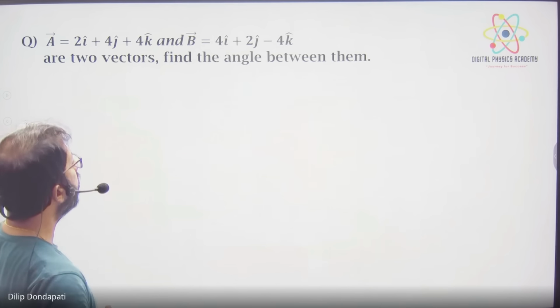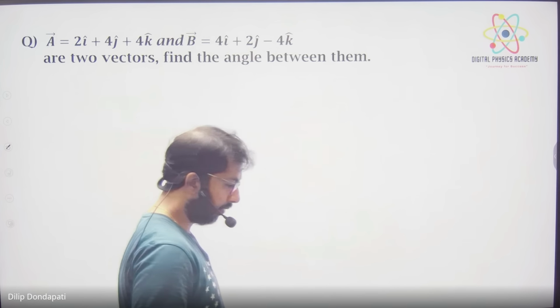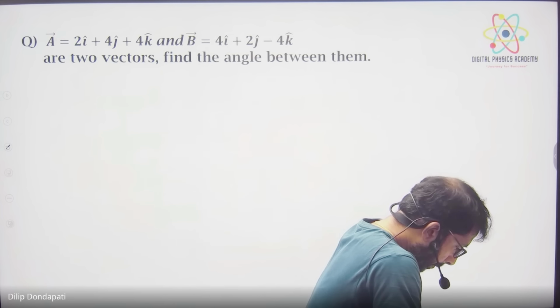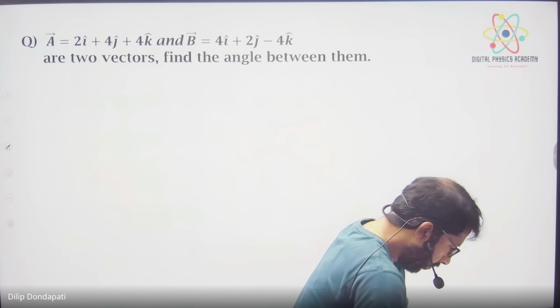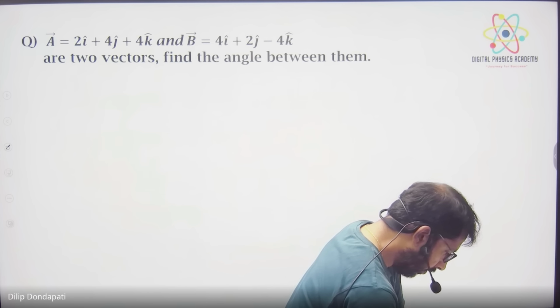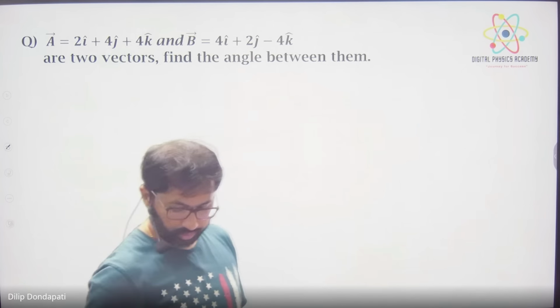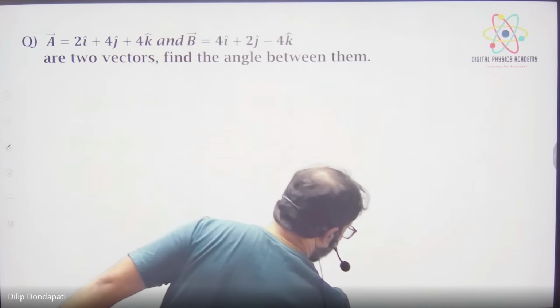A dot B by mod A mod B. So 90 degrees. How much? 90 degrees. Yes, correct. Good. 90 degrees is the answer.